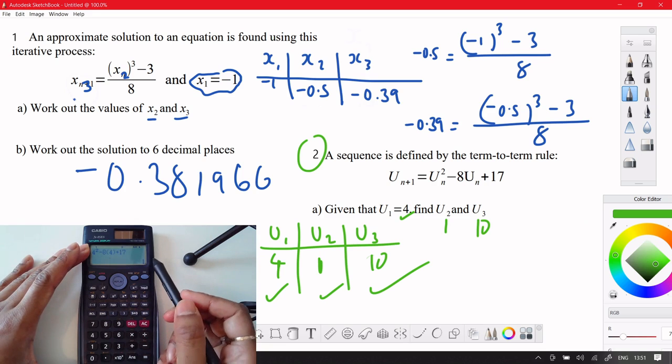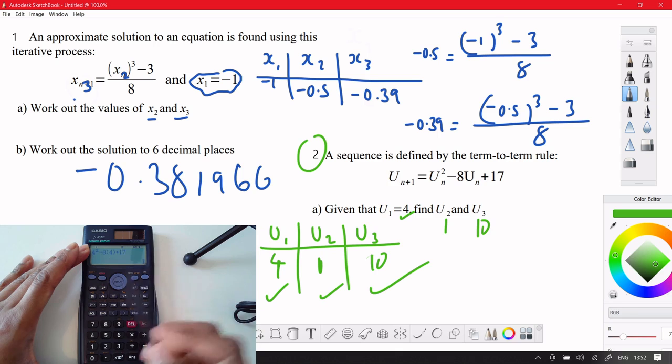Now the memory A and S holds 1. So at this stage, you can go back and replace with A and S. Right, and now when you press the equal button, you'll give the next one, and so on.